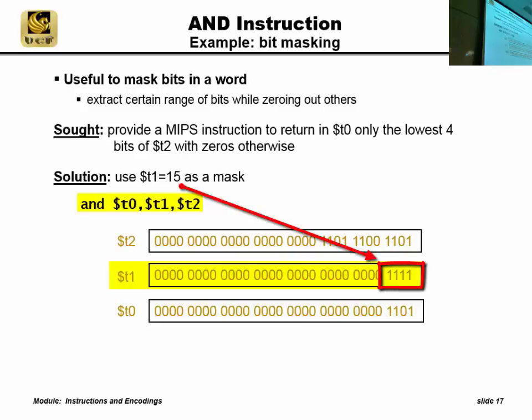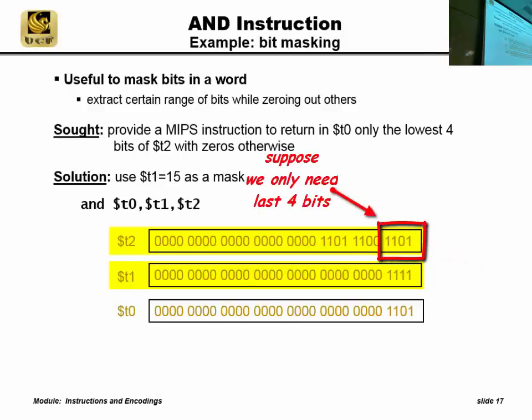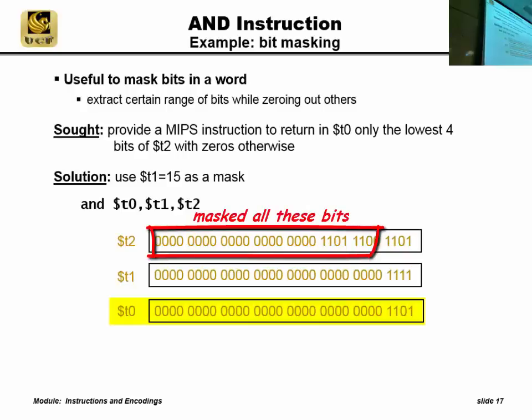And then we AND that with T2. T2 is whatever's in that sensor's status register. It was sent to the processor. Well, it's a bunch of bits, and I can make it more complicated, but here's some bits. What's the output is the destination, T0. What we've done here is we've masked off all the bits except the lower 4 bits.